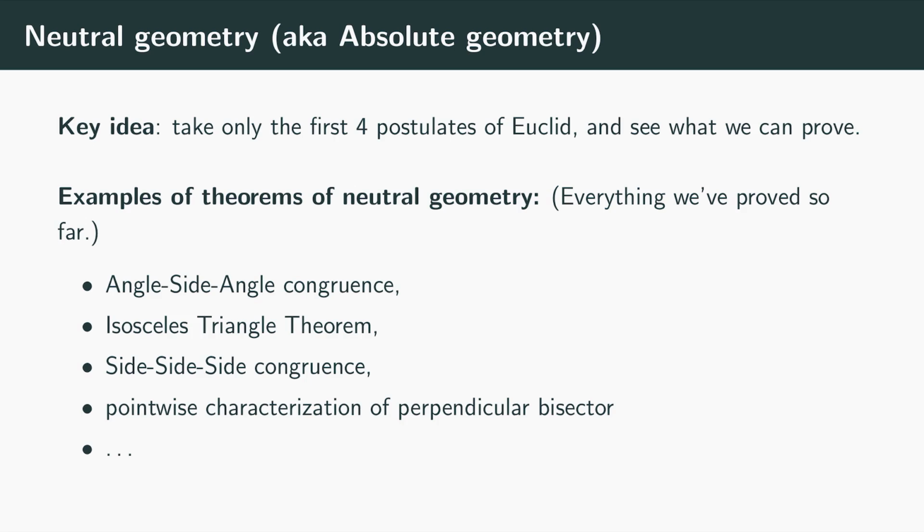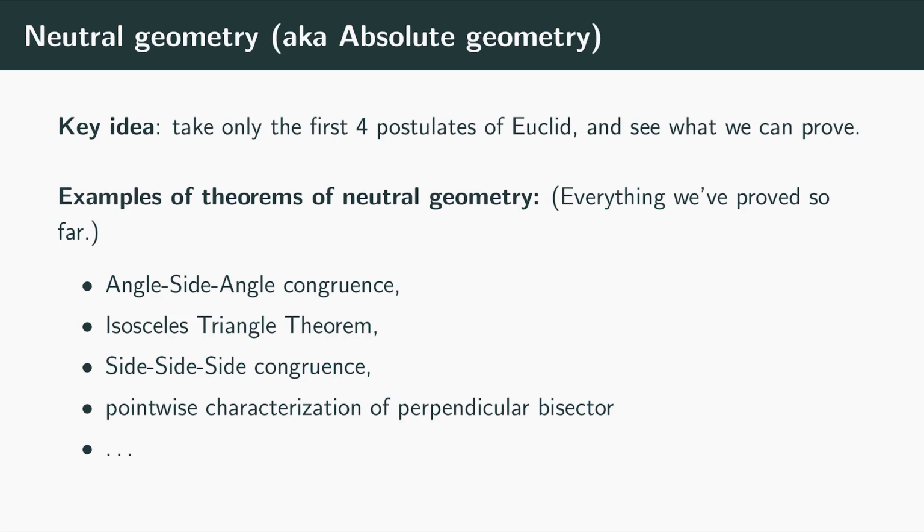And there are many theorems that we've seen so far that are theorems of neutral geometry. Actually, everything we've done so far, in detail at least, has been a theorem of neutral geometry. So, for instance, our angle-side-angle congruence theorem. We did not use parallel lines in that proof, so it is a theorem of neutral geometry. The isosceles triangle theorem is an immediate consequence of side-angle-side, so it also does not use parallel lines.